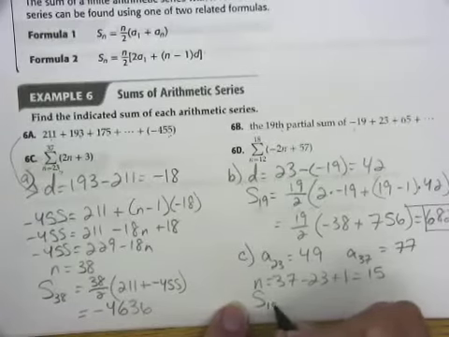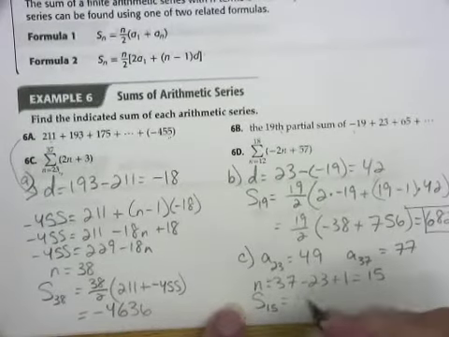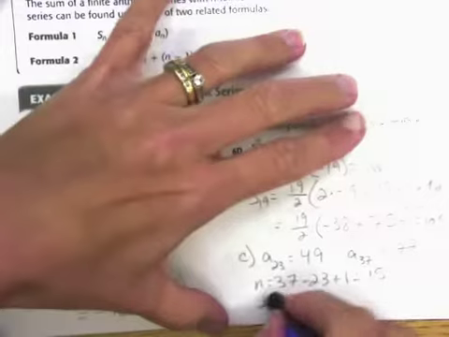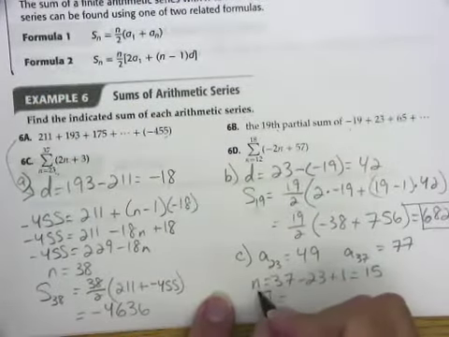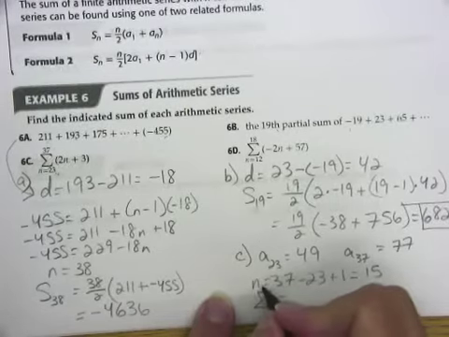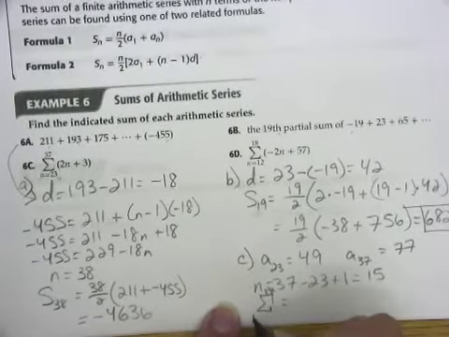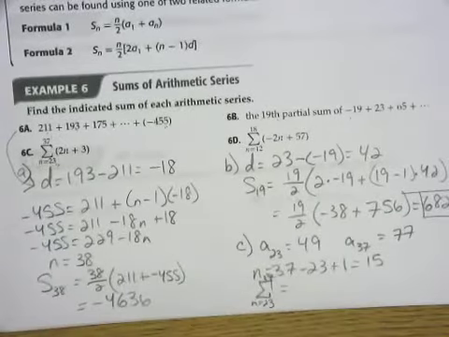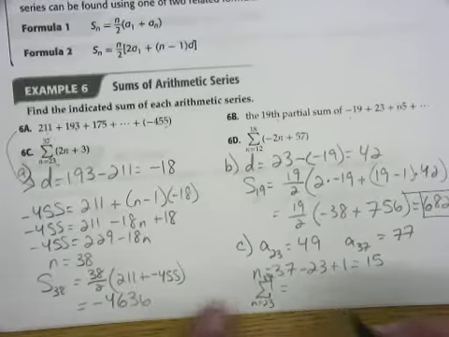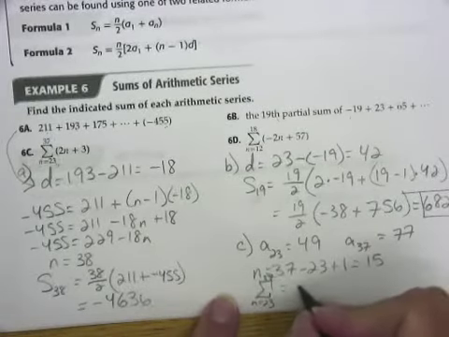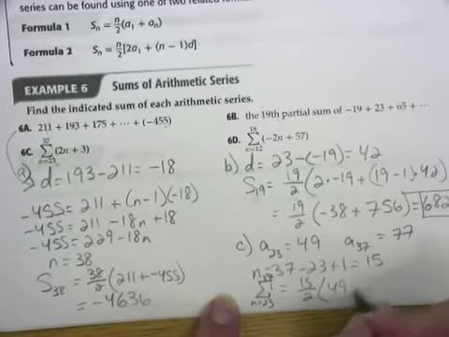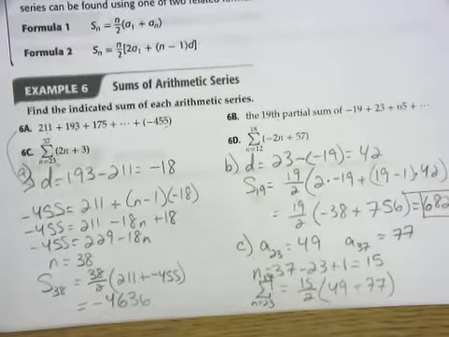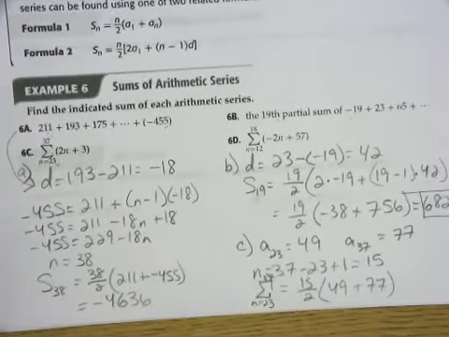So my summation of those 15 terms, actually let's use their notation. So the sigma from 23 to 37 is going to equal 15 over 2 times 49 plus 77.